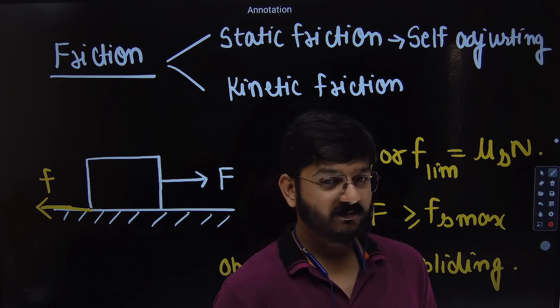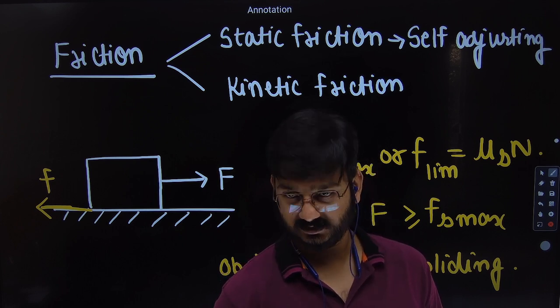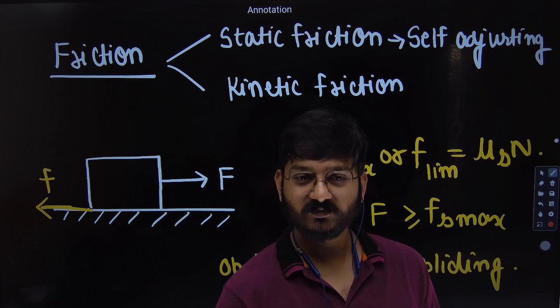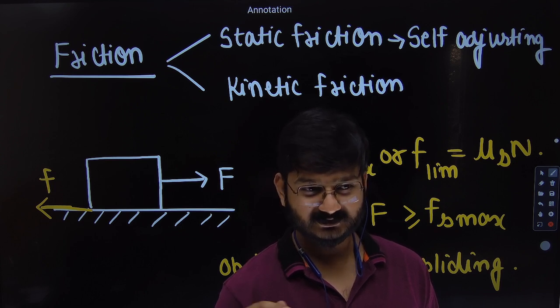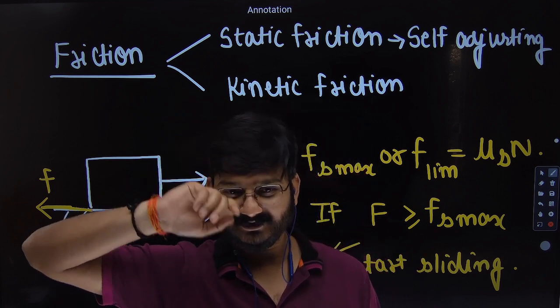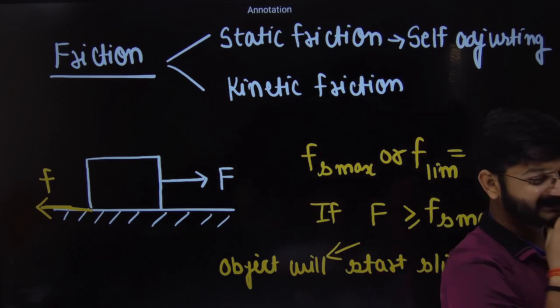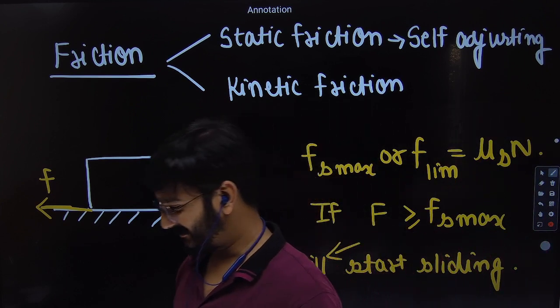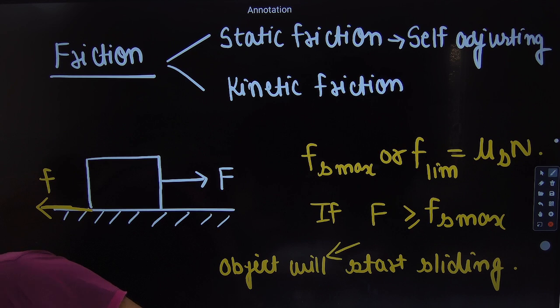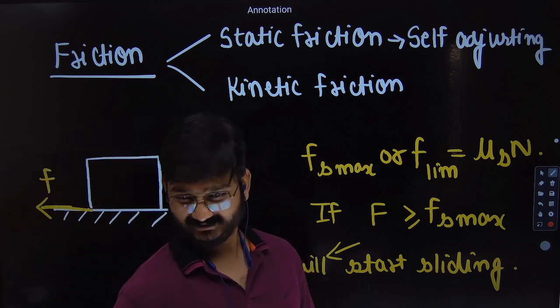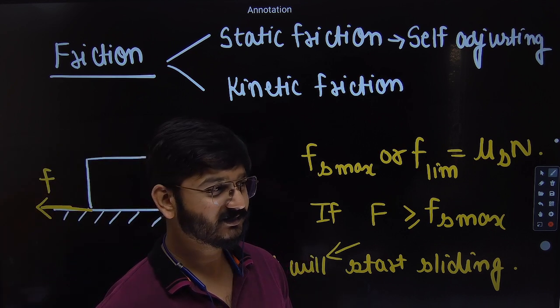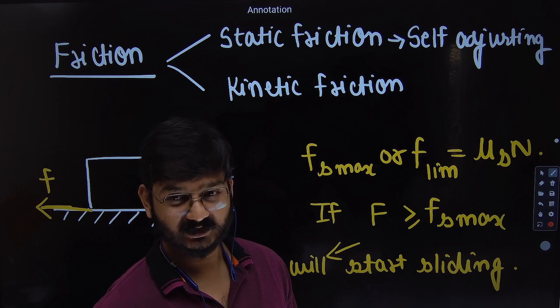So suppose you slip on the ground. You would have seen in movies or serials, they slip and start flying in the air, and then there is a background music. So what happens? Oil or water.